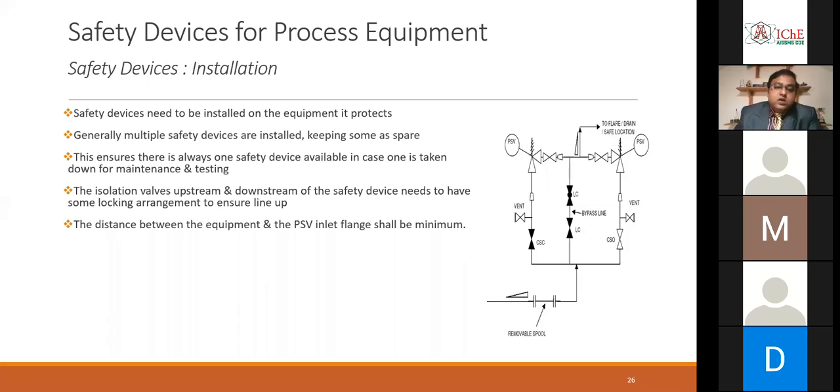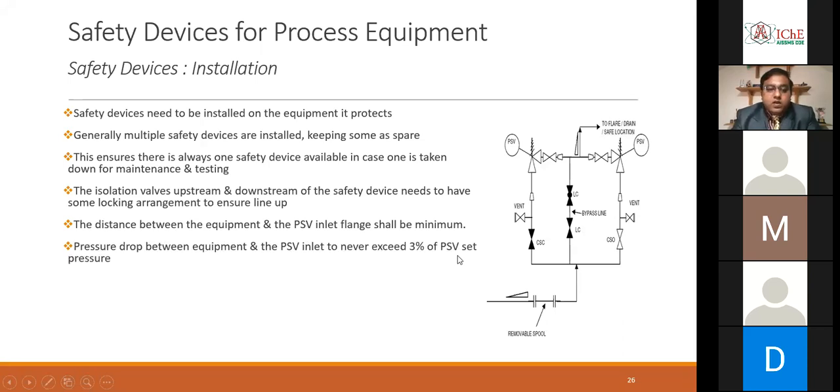The distance between the equipment and the PSV inlet flange, if here is the equipment and this is the inlet flange, has to be minimum, as close as possible to the equipment. Why? Because the pressure drop between the equipment and the flange has to be less than 3% of the PSV set pressure.